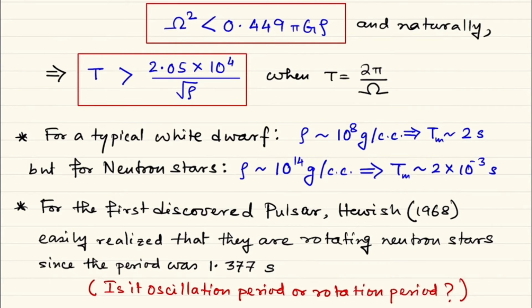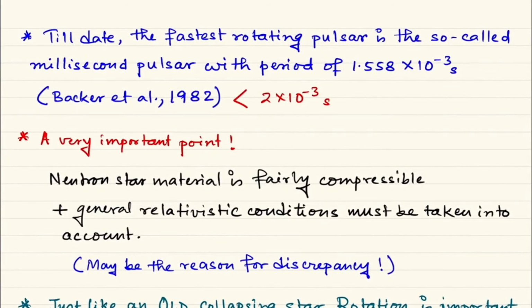That is simply because if you calculate the eigen frequencies, or the eigen modes of oscillation, of a white dwarf or a neutron star, you will see that the corresponding frequencies do not at all match with this observed frequency. So the only possibility was to infer that the pulsation was due to rotation.